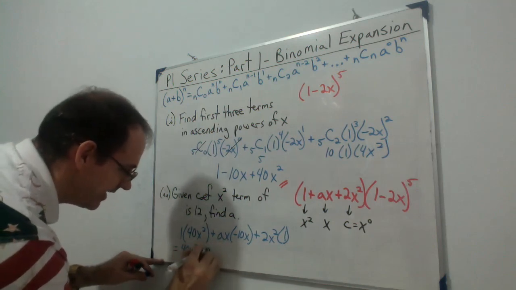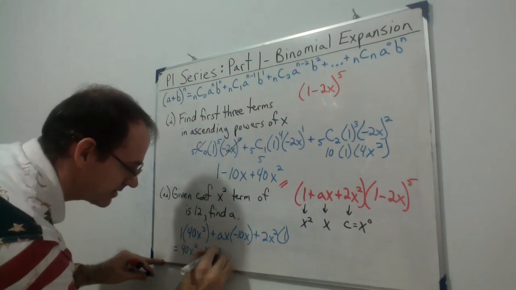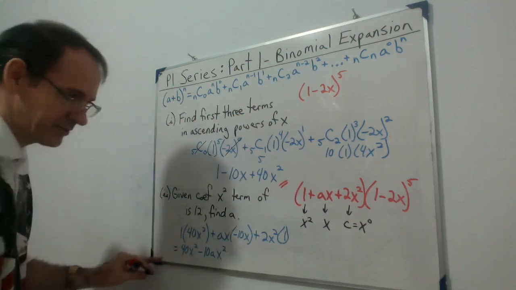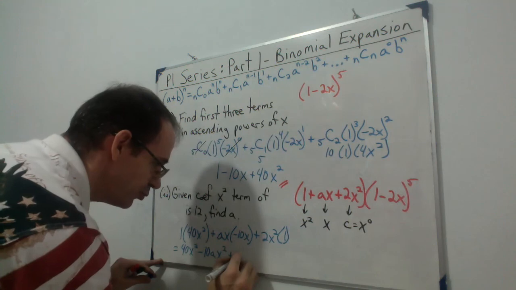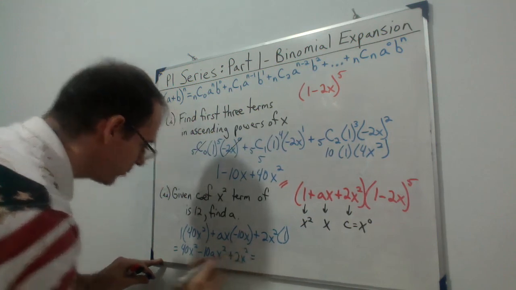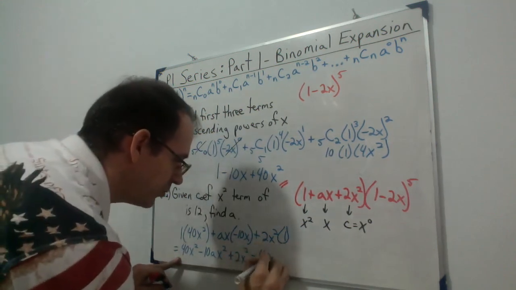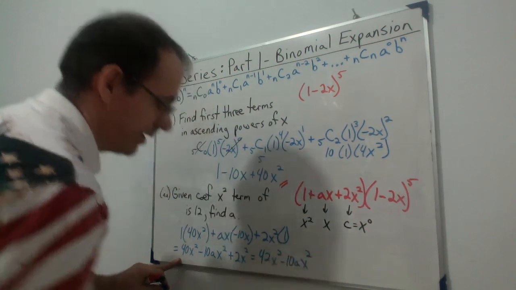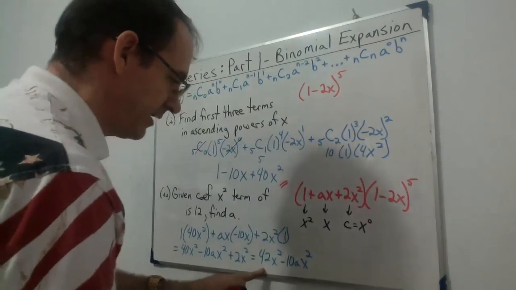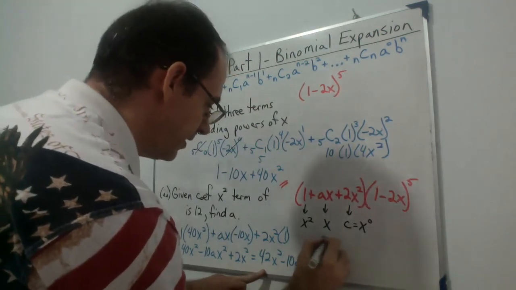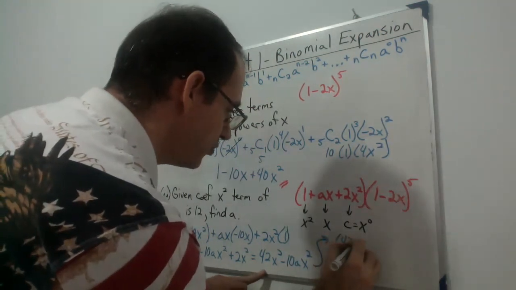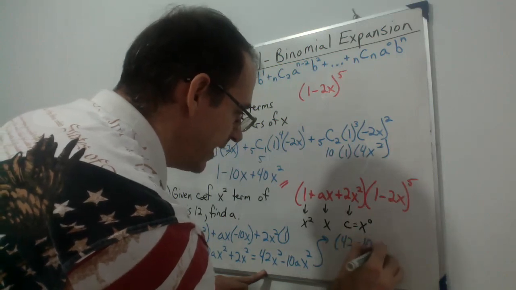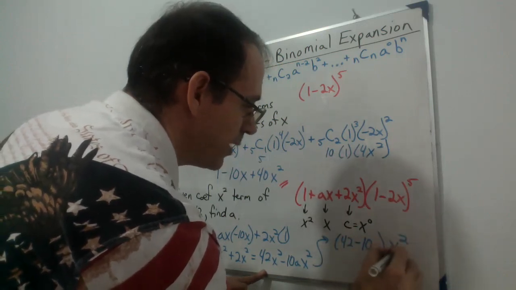minus 10a x squared. Notice we're ending up with x squareds, plus 2x squared, which equals 42x squared minus 10a x squared. And if we factor out the x squared, this equals 42 minus 10a times x squared.